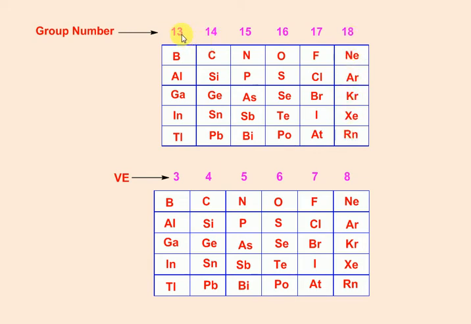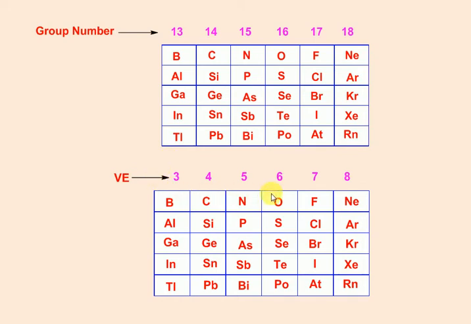By looking at these numbers, you can easily predict the valence electrons present in the p block element. See here, this 13 group element, boron group elements, will have 3 valence electrons. This one will have 4 valence electrons, 5, 6, 7, and 8 valence electrons.